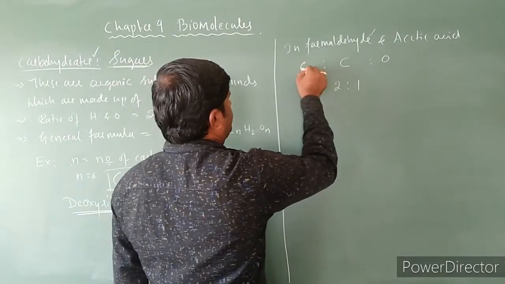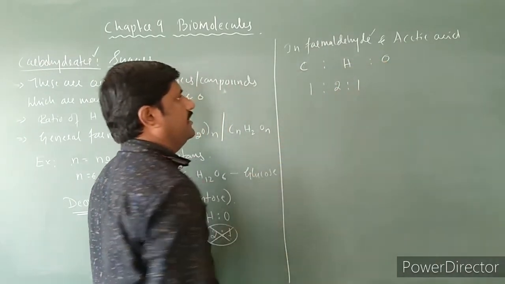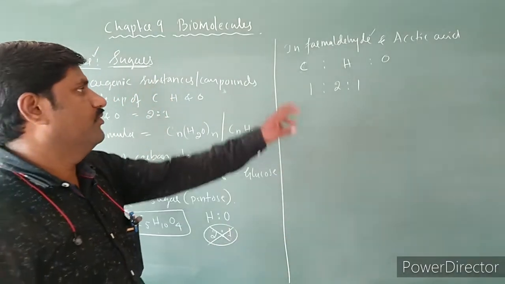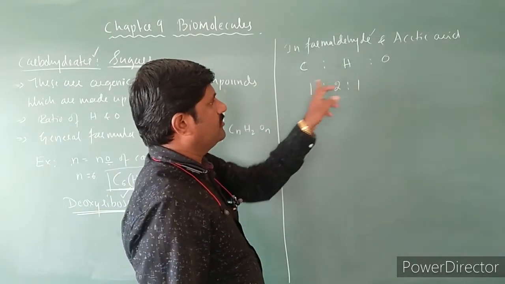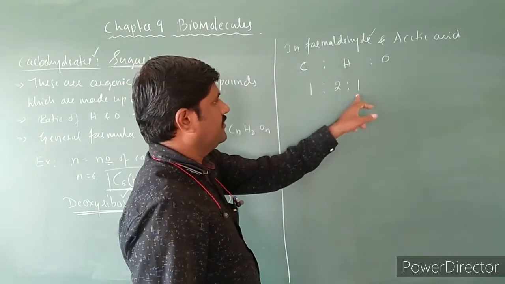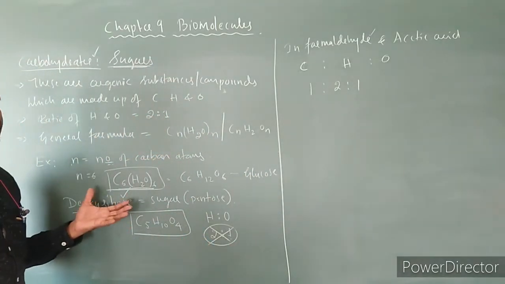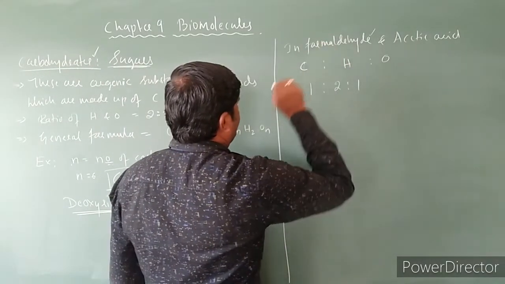For example, CH2O. If you take it like this, then it is 1:2:1, the ratio of carbon, hydrogen and oxygen. But actually the ratio doesn't match this formula, right? So this is also one exception.